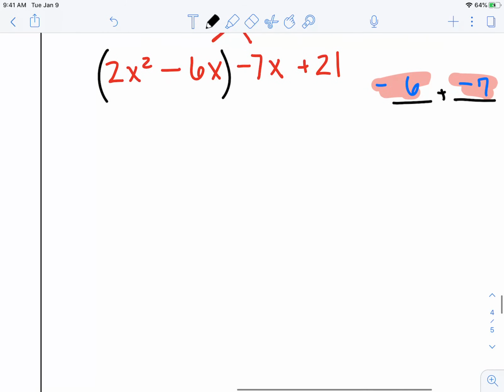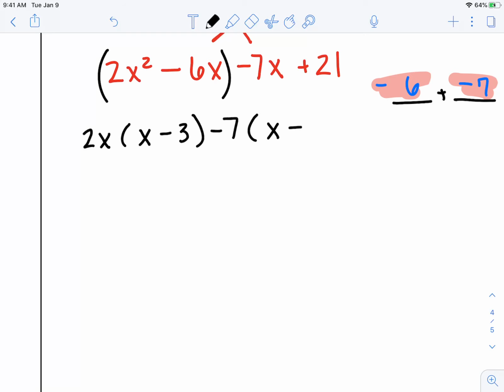In that first group, I'm going to take out a 2x, and then I have x minus 3. In the second group I take out negative 7, which is going to be x minus 3. Take out the x minus 3, and I'm left with 2x minus 7. Okay, and that's it.